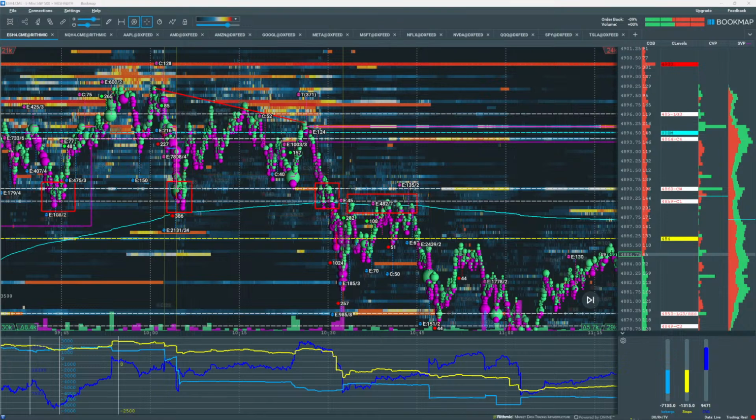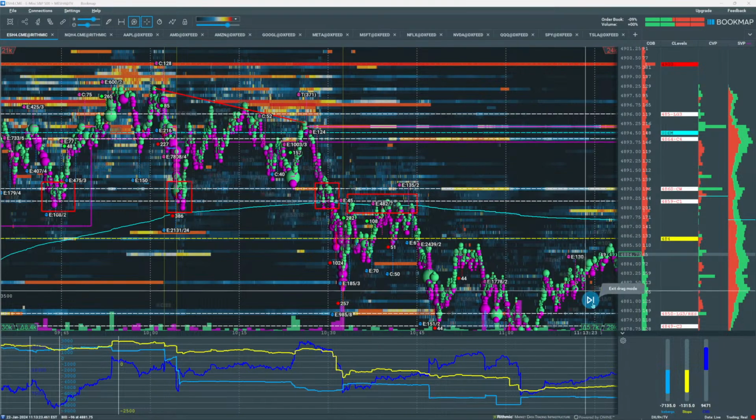So support becomes resistance. It really helps to have these SPX levels on your chart. It provides much more context and clarity, at least to me, and shows where price might react. So that was the key for today, really, watching the reactions at these levels.